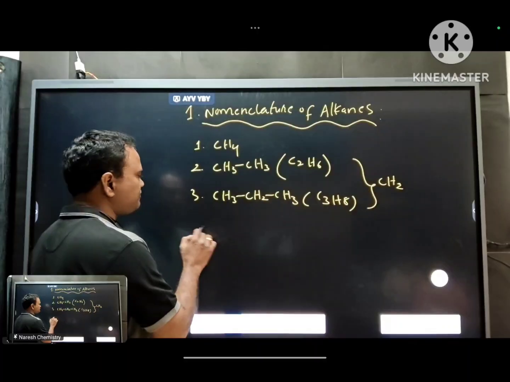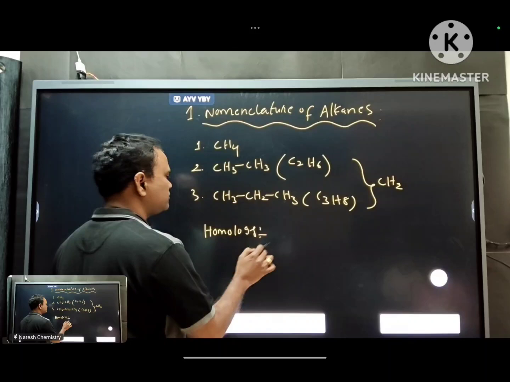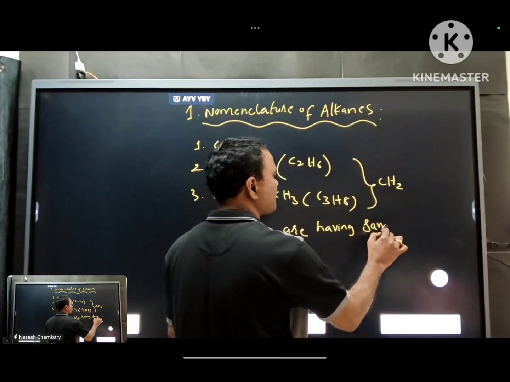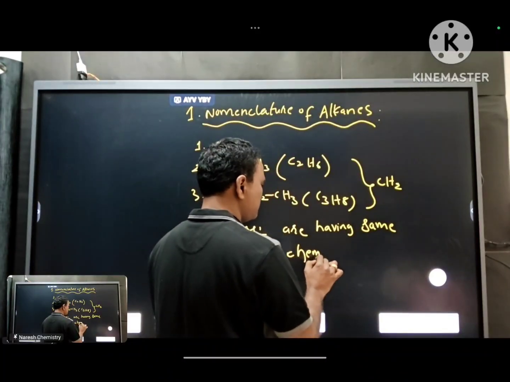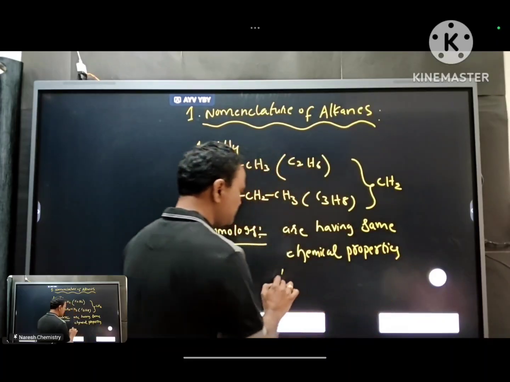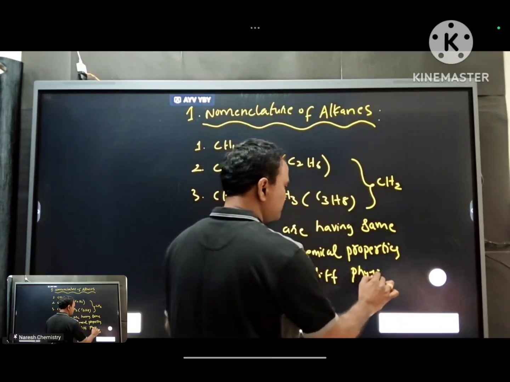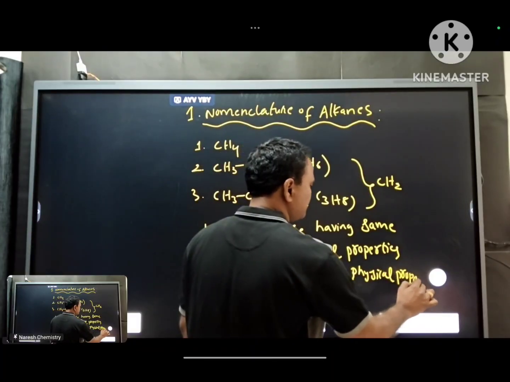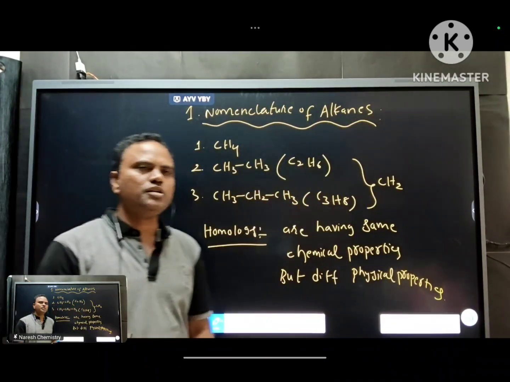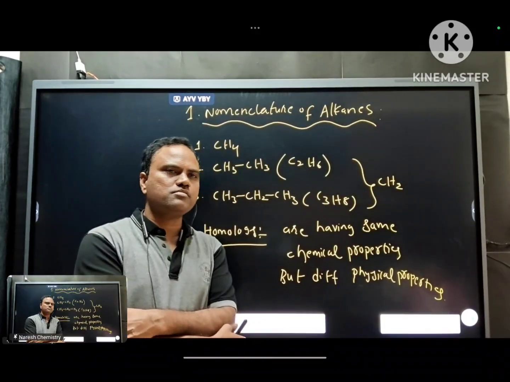So, very, very important: homologs have the same chemical property but different physical property, boiling point. So ethane and propane are homologs.